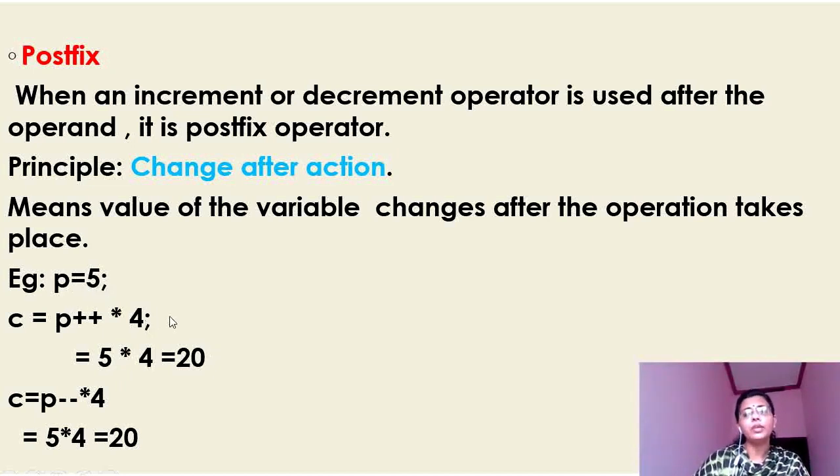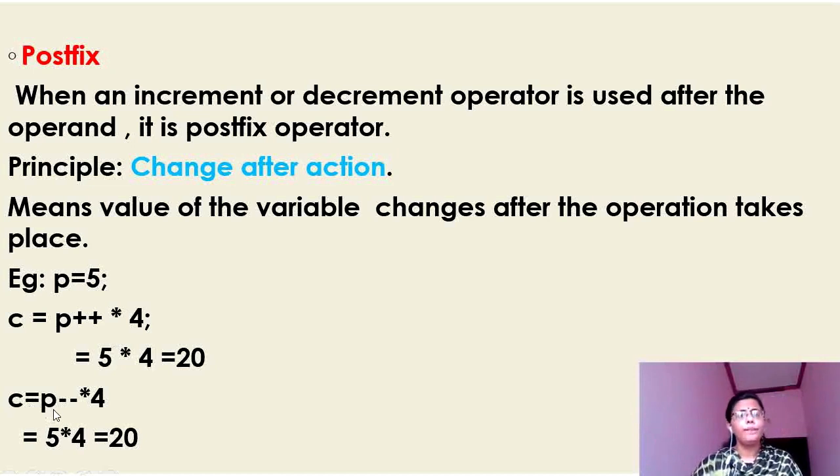Further, if I am using P, it will go with the value 6. Clear? So what did it do? It changed after action. So now P plus plus remains the same as 5. Then it multiplied by 4. You got C as 20. And after this what happens? My P value from 5 increments to 6.